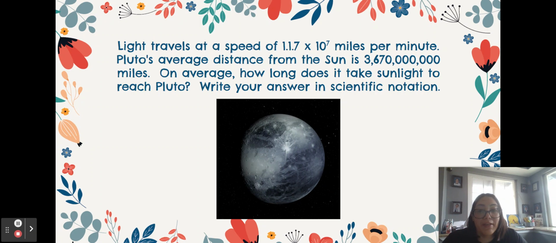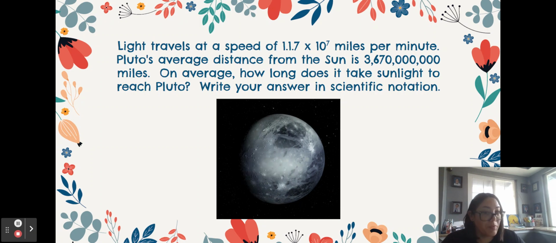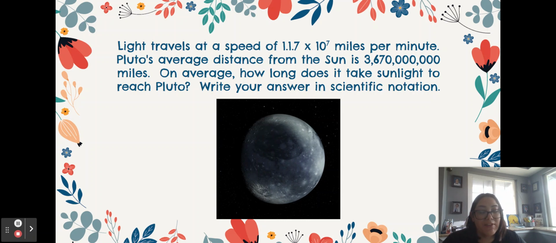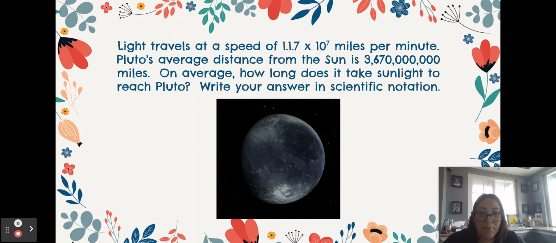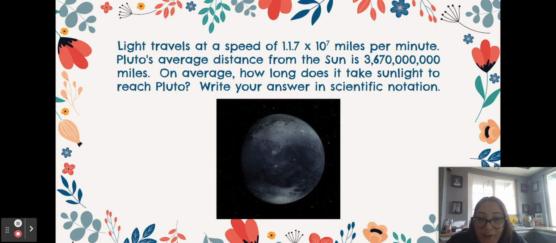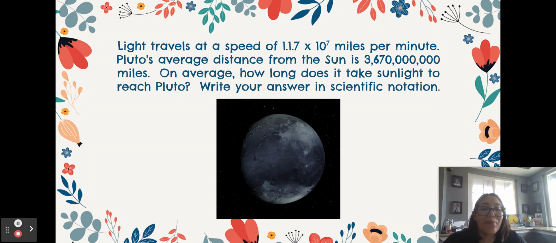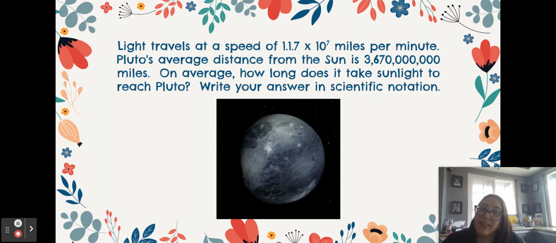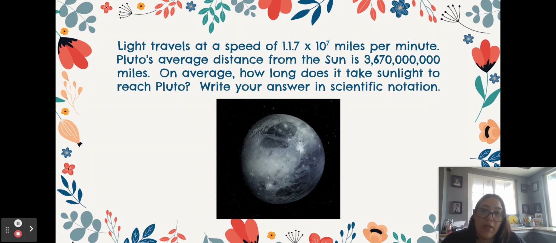Our first problem here has to do with Pluto. Light travels at a speed of 1.17 times 10 to the 7th miles per minute, so quite quickly. Pluto's average distance from the sun is 3.67 billion miles. On average, how long does it take sunlight to reach Pluto?